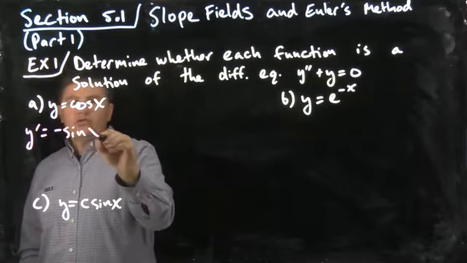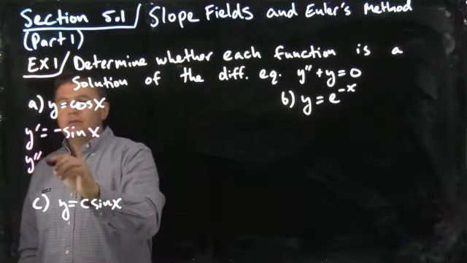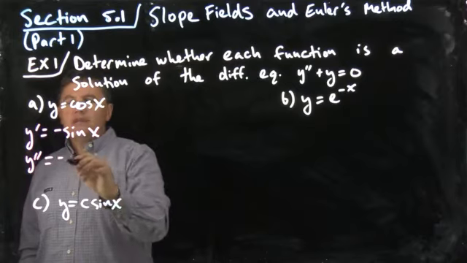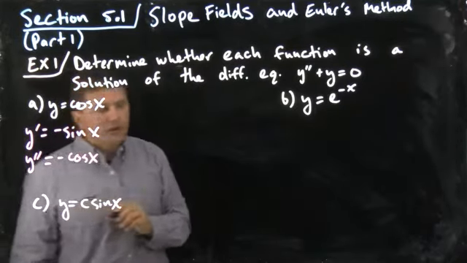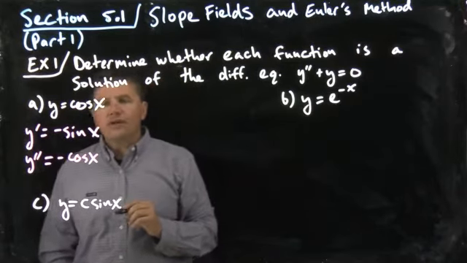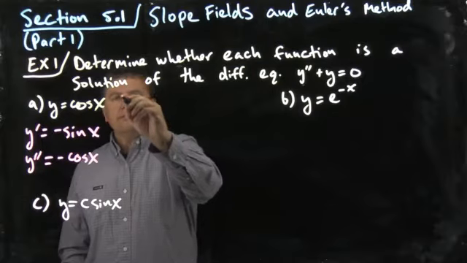So that, of course, is negative sine x. And then I'm going to take the derivative of that to get y double prime. That's negative cosine x. Okay? Good time to review the derivatives. Now, what I'm going to do is find this thing.